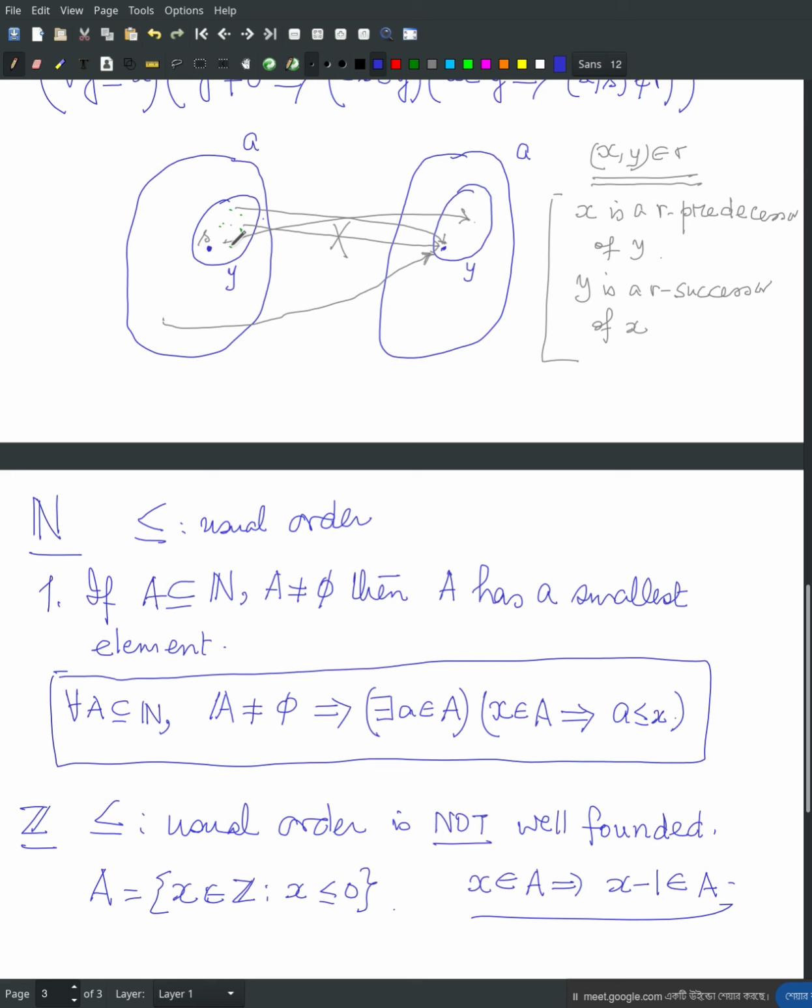Roughly speaking, every non-empty subset Y of A has an R-minimal element.